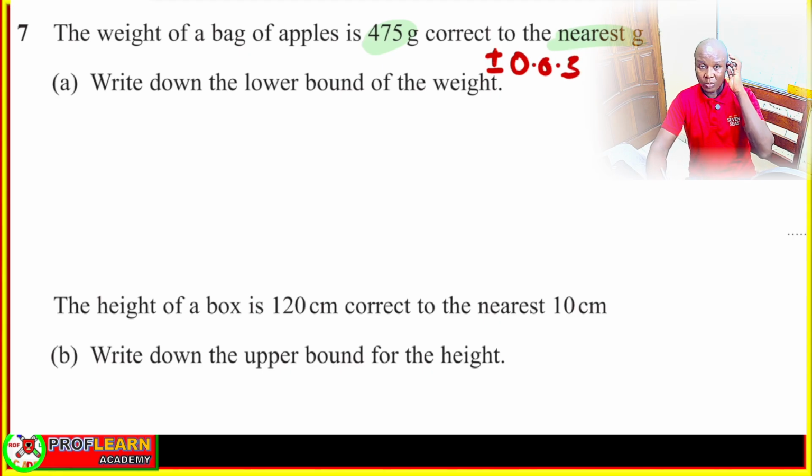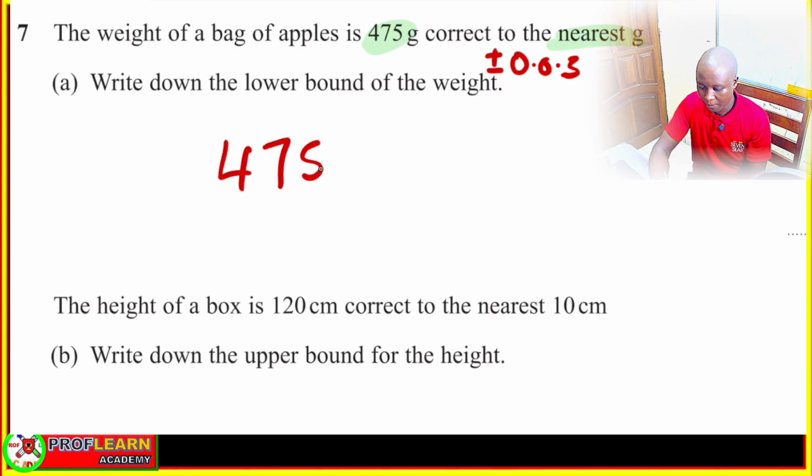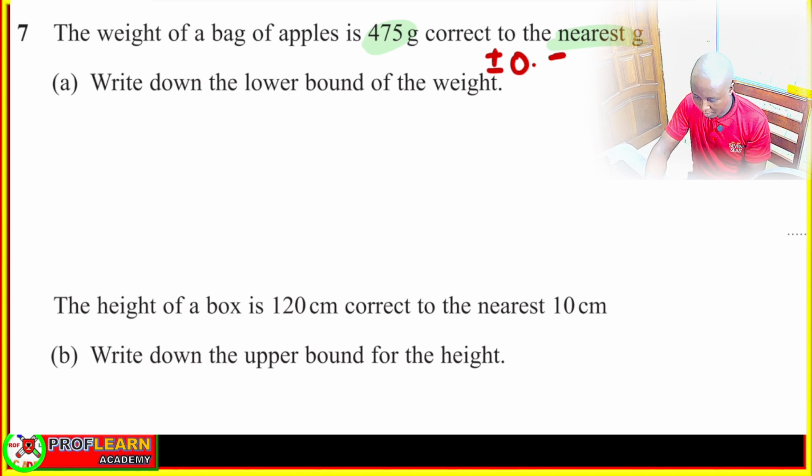Whatever value you are told to round to, that's the one you take and divide by 2. So for the lower bound, that's going to be 475 minus, sorry, this is basically 0.5 here. The pen jumped, so we have 0.5 there.